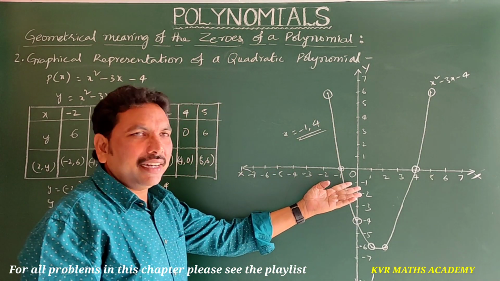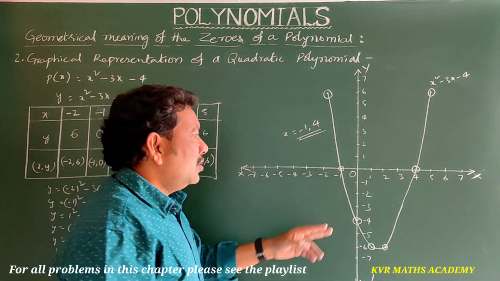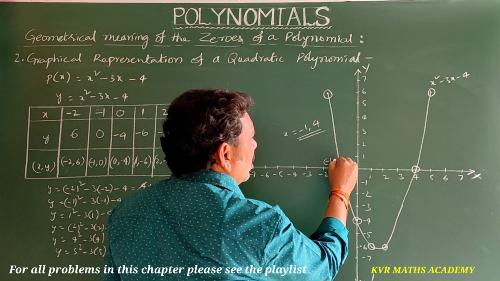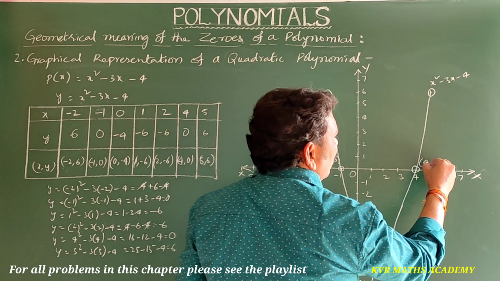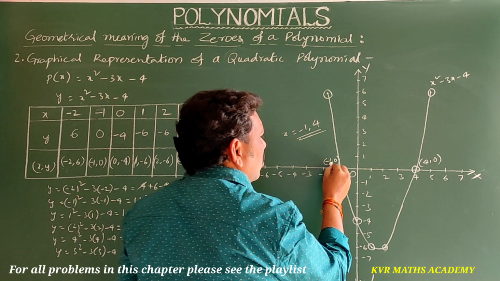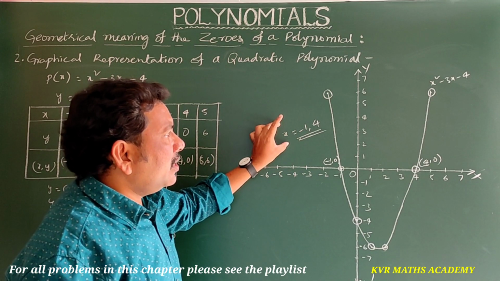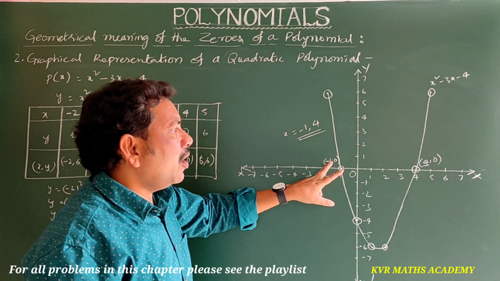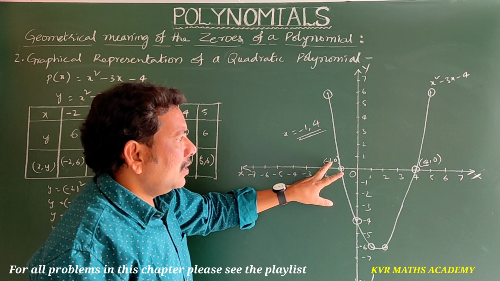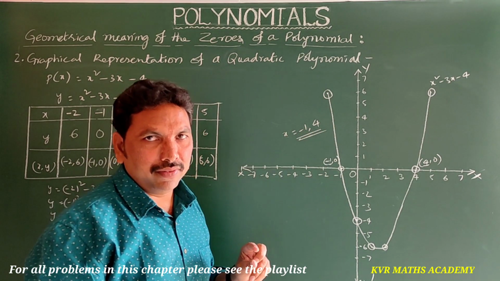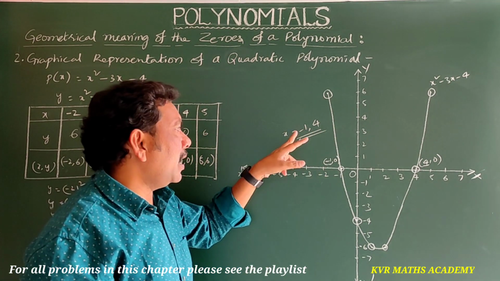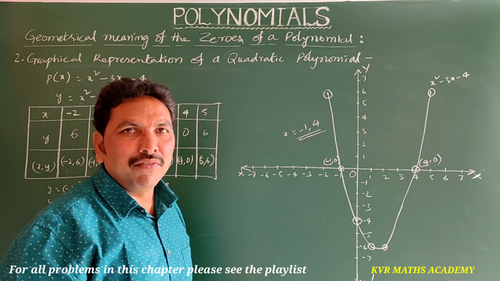From the graph we can clearly see. This point is -1 comma 0 and this point is 4 comma 0. So the x coordinates are -1 and 4. That's why the zeros of the given polynomial are -1 and 4.